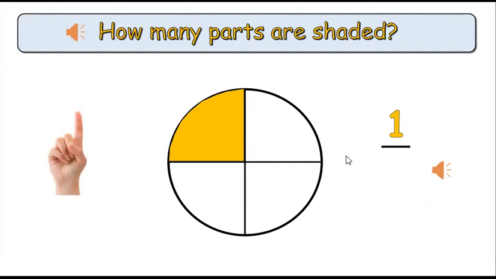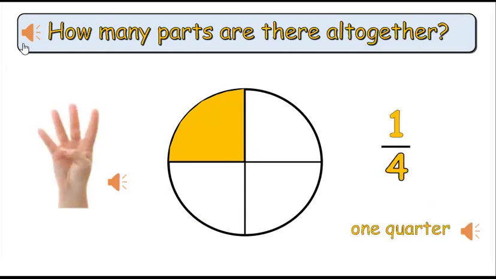How many parts are shaded? 1. How many parts are there altogether? 4. 1/4.